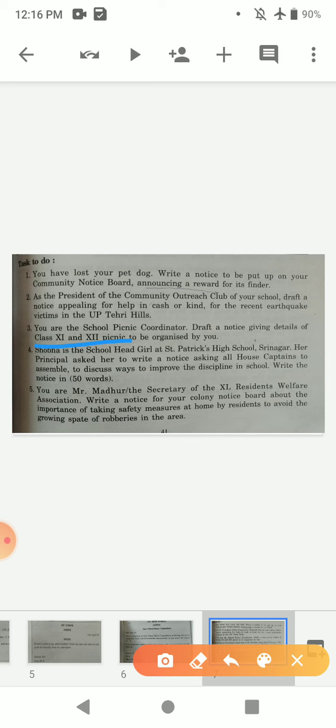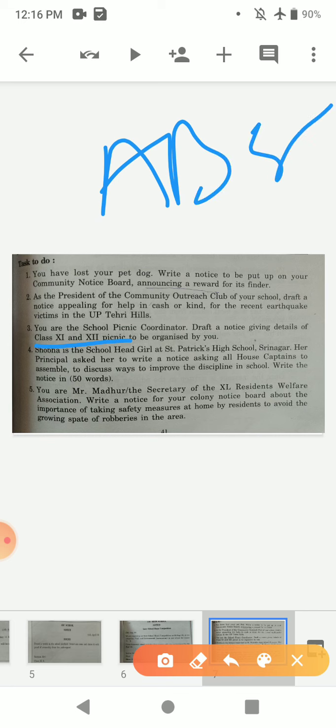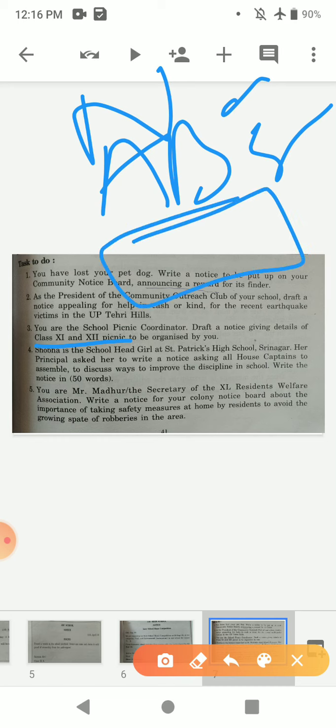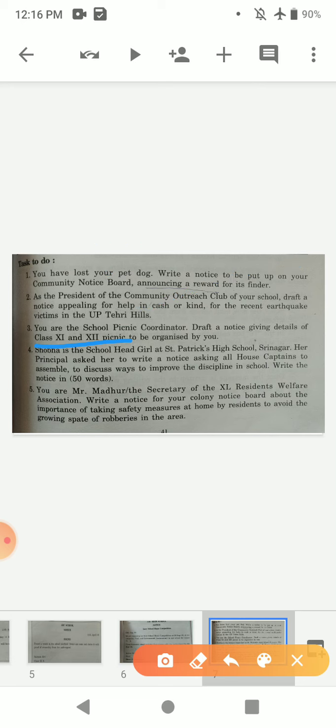So the name of the organization, it's about school, means you will write just ABC school, and you will write in bold letters notice. And then it's about a picnic, so you will make the heading or the title of your notice, and then you will provide details that we are going to organize a picnic, or the school is planning to go for a picnic. And you will mention the classes, because you need to give proper details.